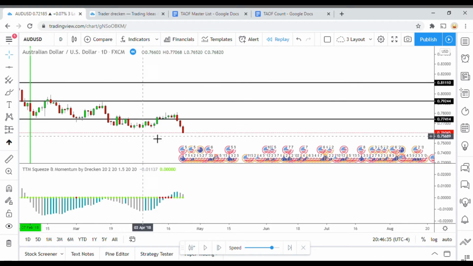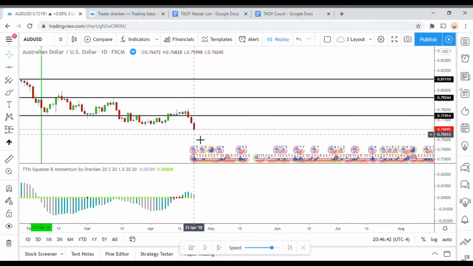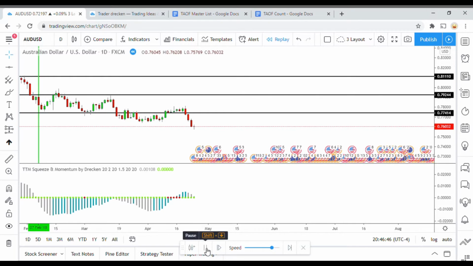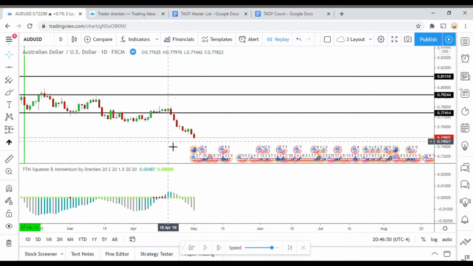Oh, there you go. And that's why you need these confirmations, because there's just so much uncertainty. Finally got that strong push down. Yeah, we'll play it out here a little bit longer.